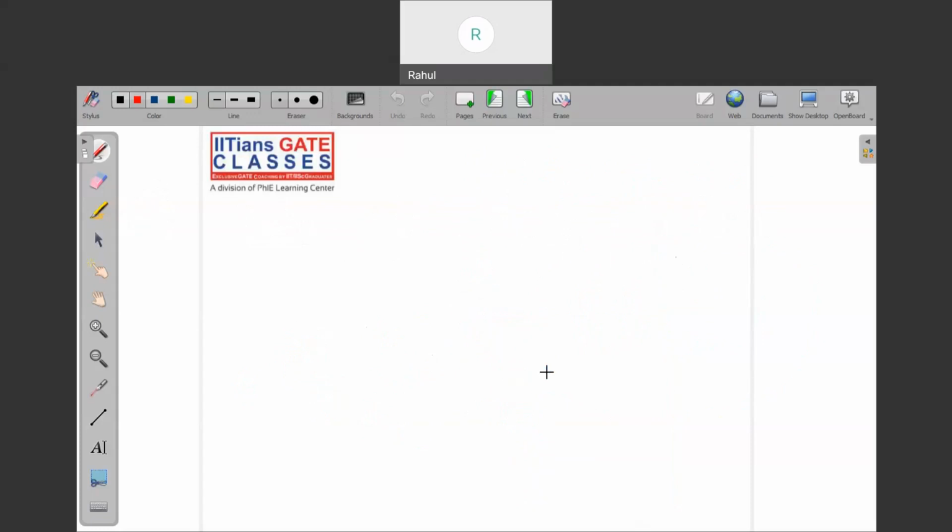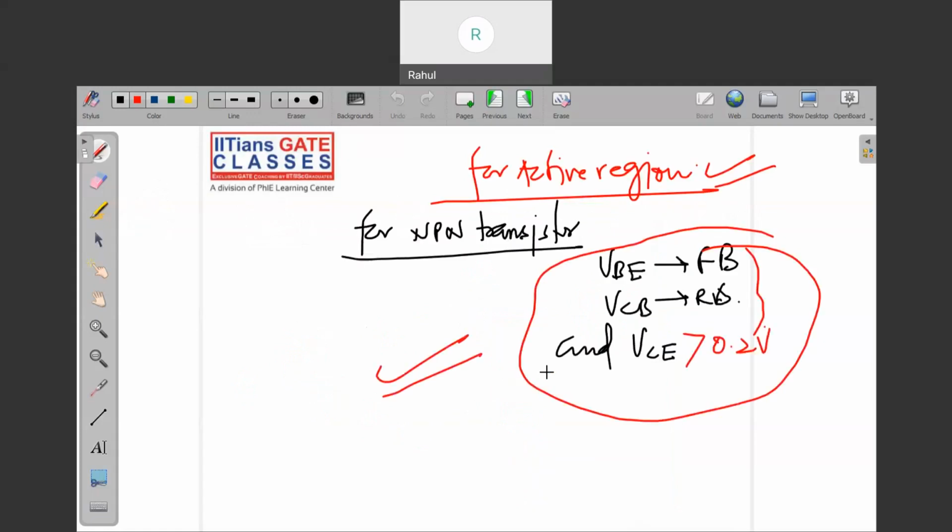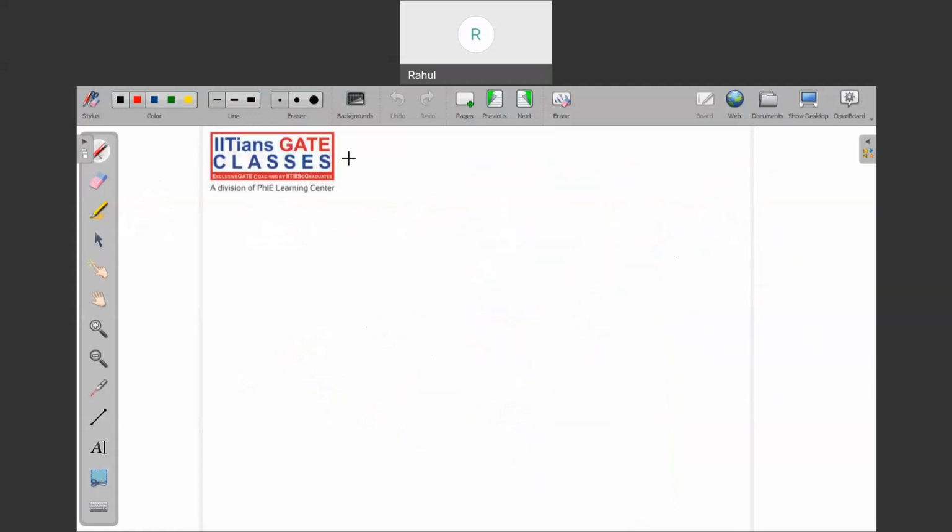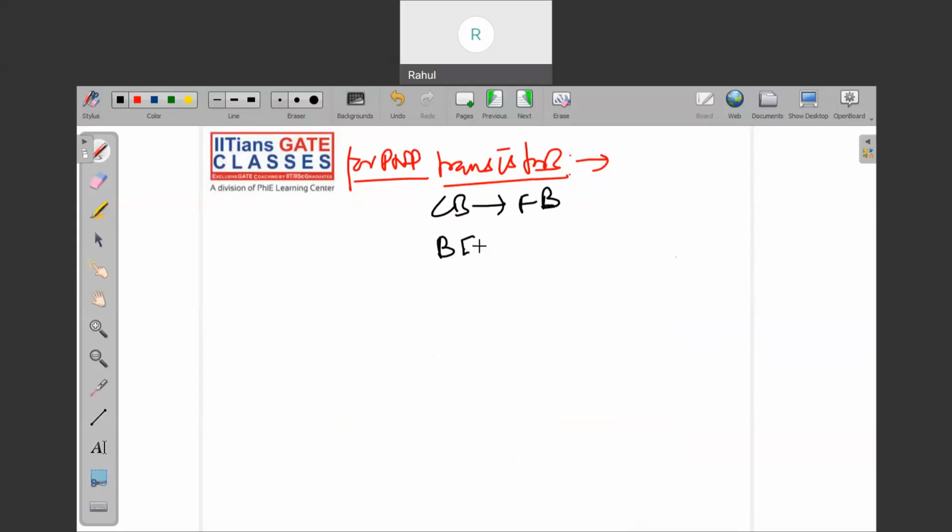And for PNP transistors also you can write here, let me cover both. Your VCB will be forward bias, your VBE must be reverse bias, and your VEC must be greater than 0.2.